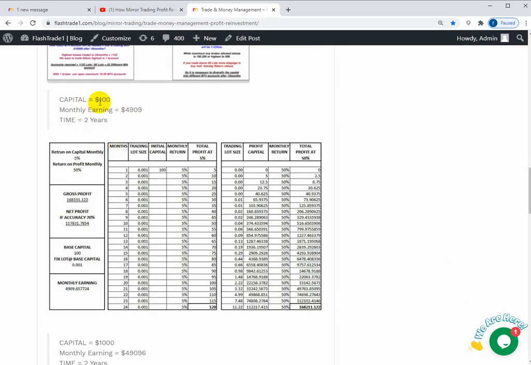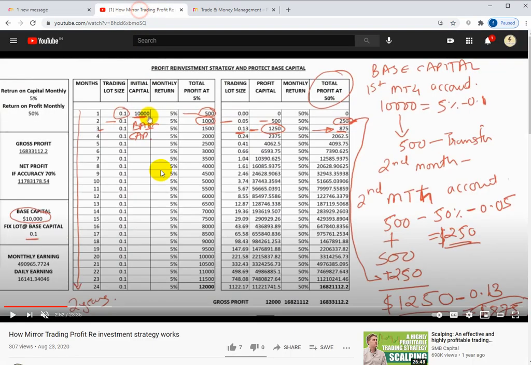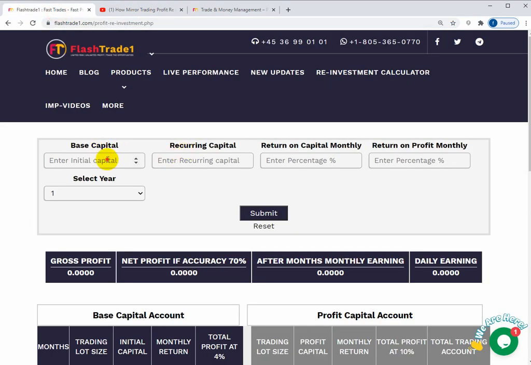For this we'll take the example of $100 capital. So here I'm going to enter $100. Now, recurring capital, what does recurring capital mean? Here we'll choose the time period of 2 years.